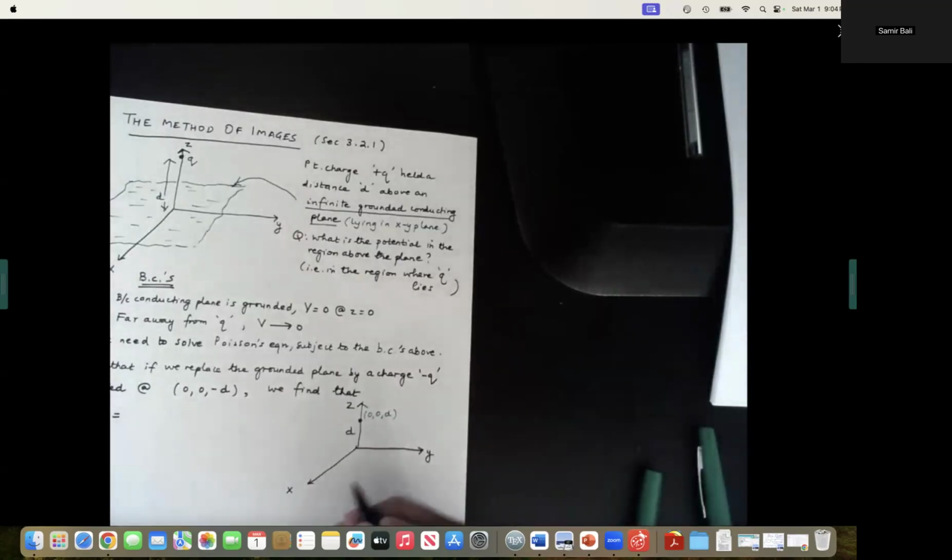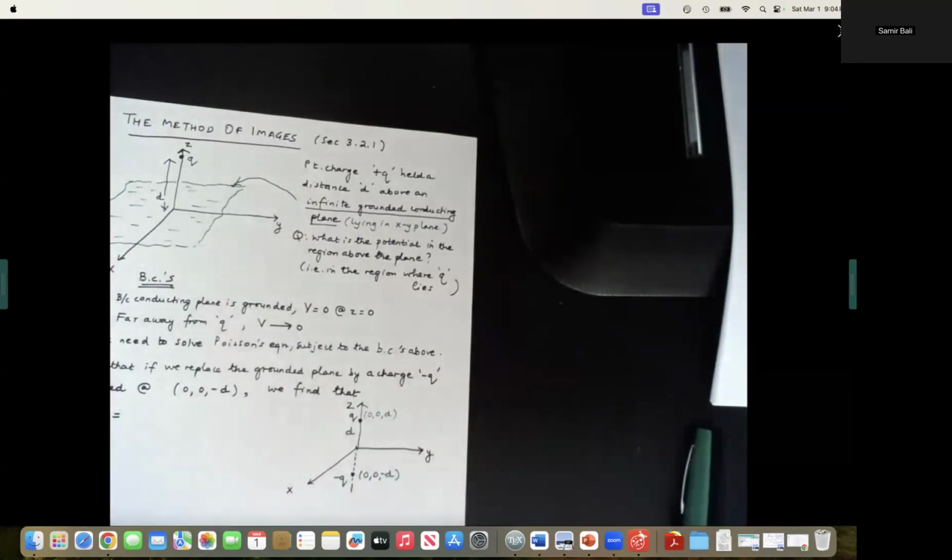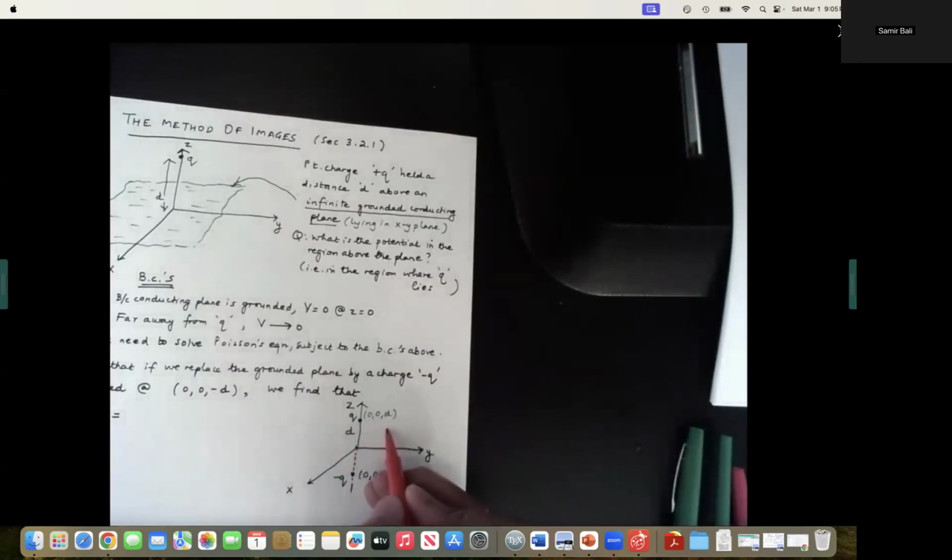And all I'm doing is I'm saying consider a charge located at 0, 0, minus d, okay? And if this was q, then this is minus q, okay? And then let's ask for what the potential is at some point above the XY plane. So let's say here, okay?